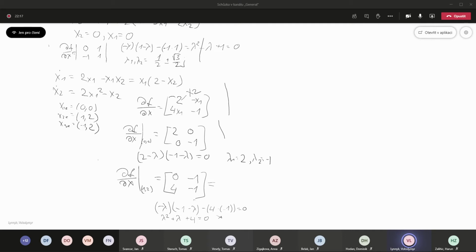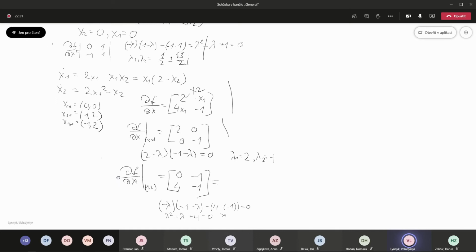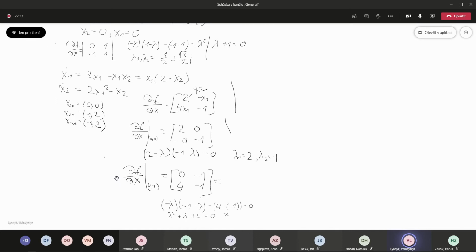We know that all coefficients are positive and this equilibrium point is stable.